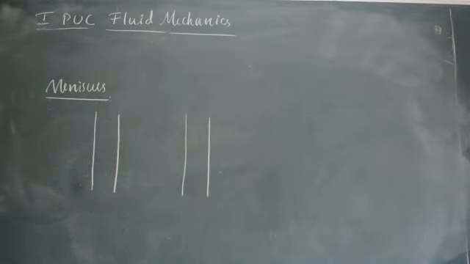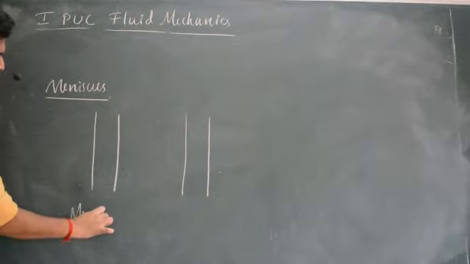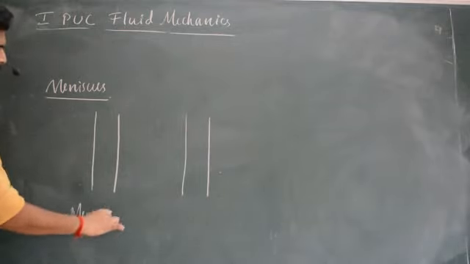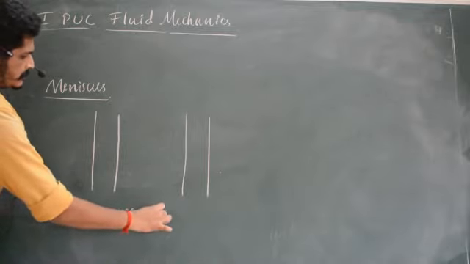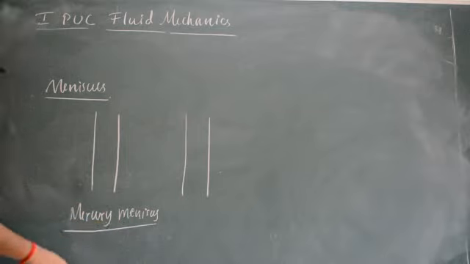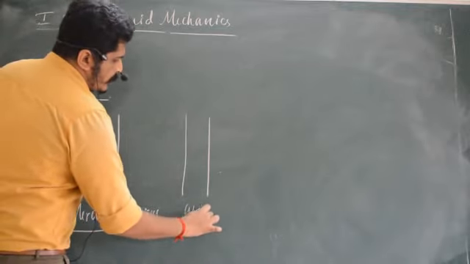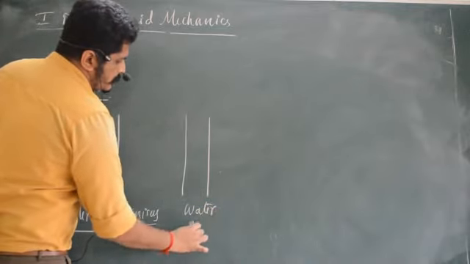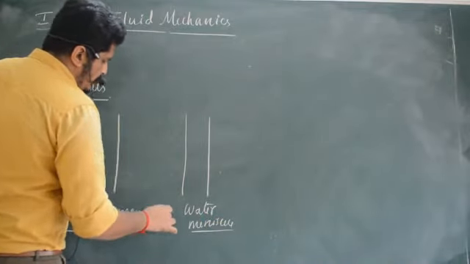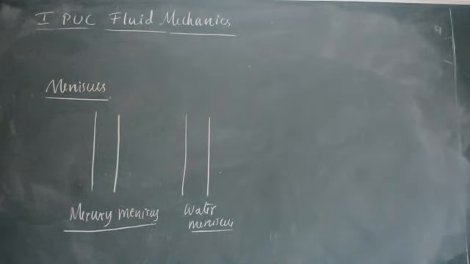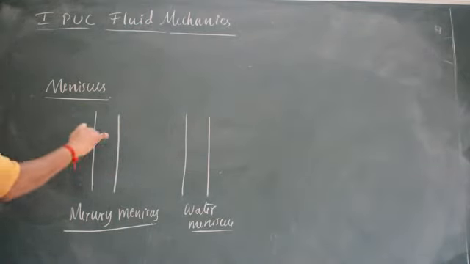Imagine in the first one, mercury meniscus. Here inside this, water is there, water meniscus. Meniscus means top, okay. So right now mercury I will take like this.